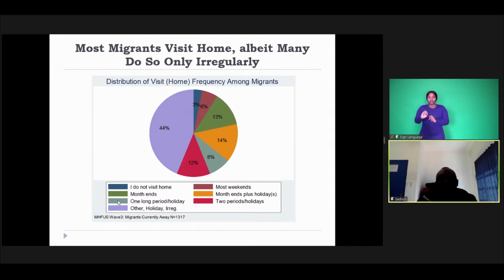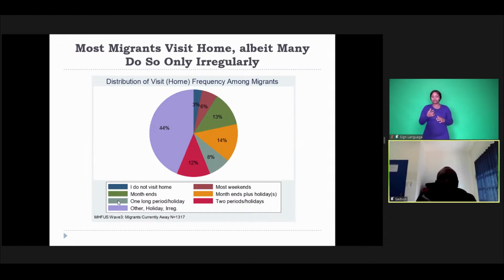And then we had 14% who indicated that they usually come over at month ends, and about 12% at least twice in holiday periods as well. And we've got 13% who said they always visit each month end, meaning our participants do keep in touch with the original household.